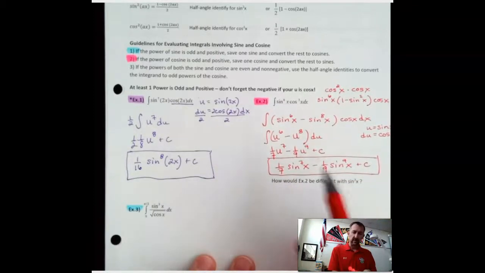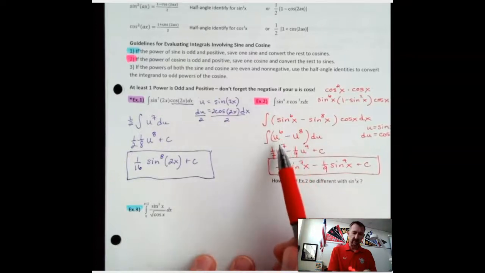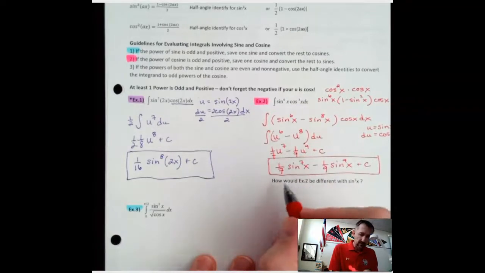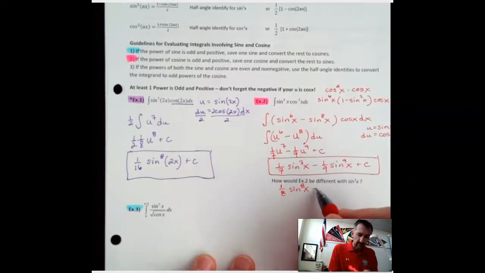So the difference would just be that the sine would be 1 more power. So it would have been 1/8 sine to the 8th power of x, and then this would have been 1 more also, so that would have been 1/10.